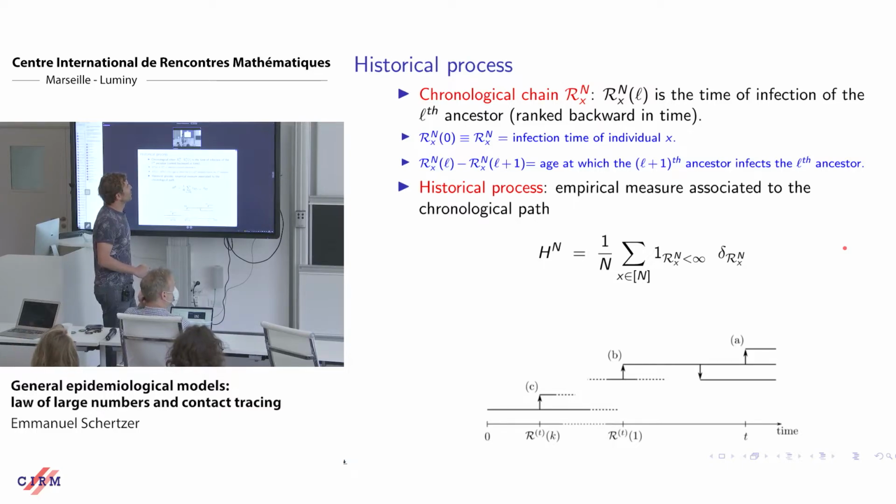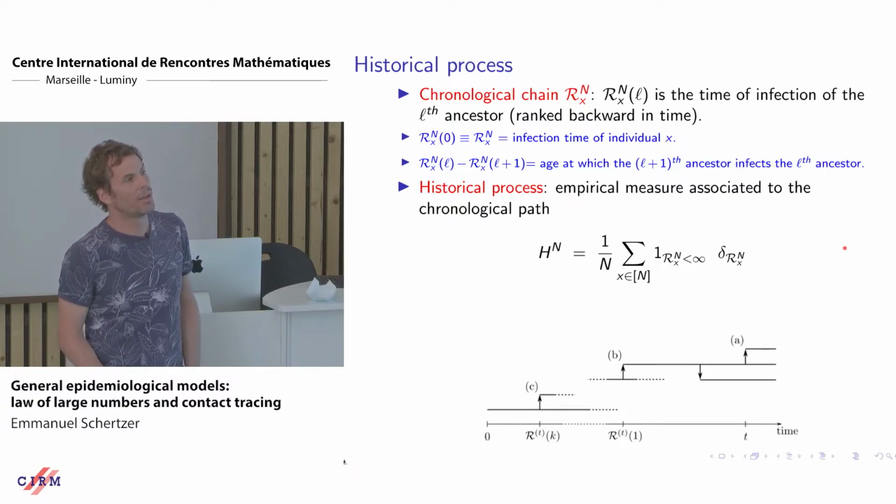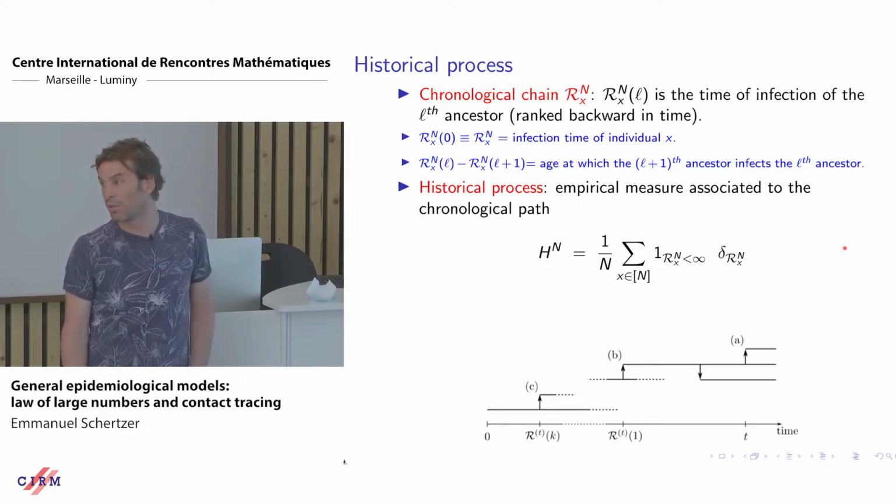So R of 0 is just the time of infection of individual X, and if you take the increments of this chronological chain, then this is the age at which the L+1's ancestor infects the L's ancestor in your transmission chain. So for instance, here the age of infection is given by the time elapsed between this arrow and this arrow. Okay, so far so good?